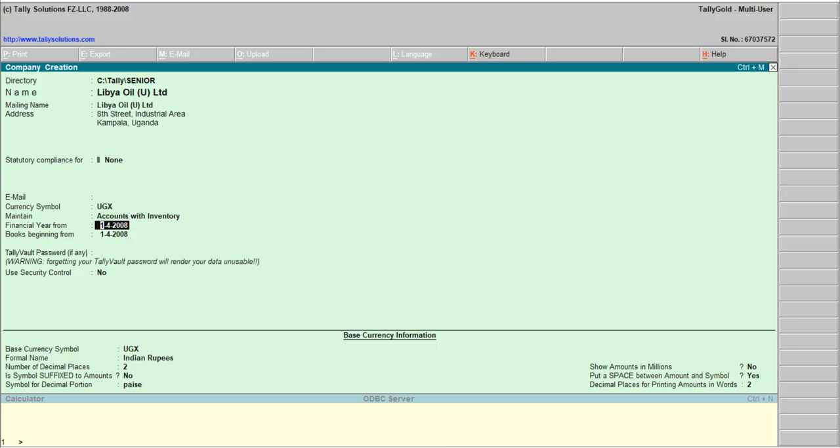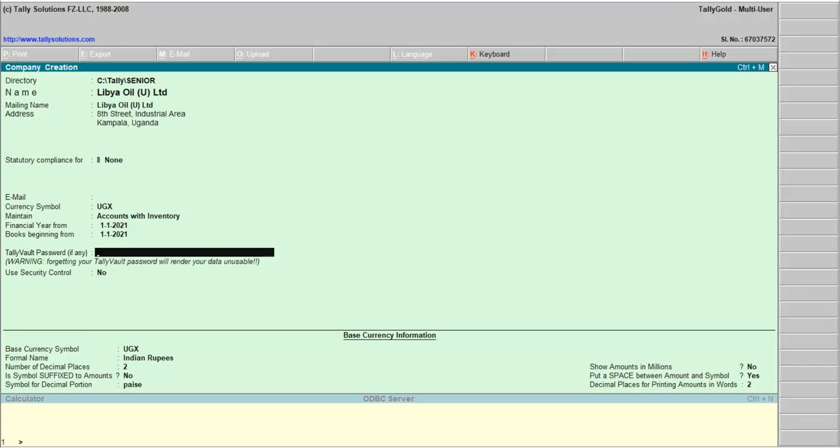So financial year from 1st January 2021. Oh, there is a mistake, the spelling. January 2021. So that is the financial year from.